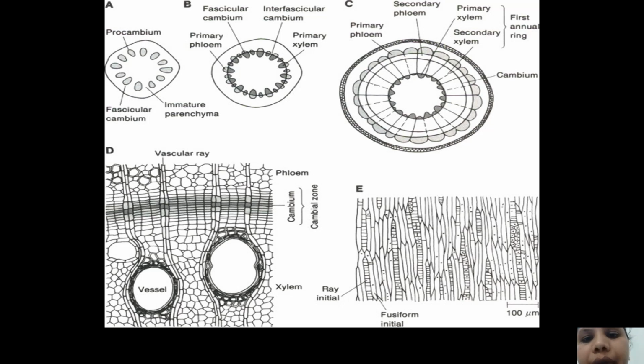Next, after the activity of this vascular cambium, when the secondary phloem and secondary xylem are given out, they form ring-like structures, and the increase in the thickness of the stem also happens. So these primary xylem and the secondary xylem which are formed together form the first annual ring. Here you can observe the ray initials and the fusiform initials, which we are going to discuss in the later slides.